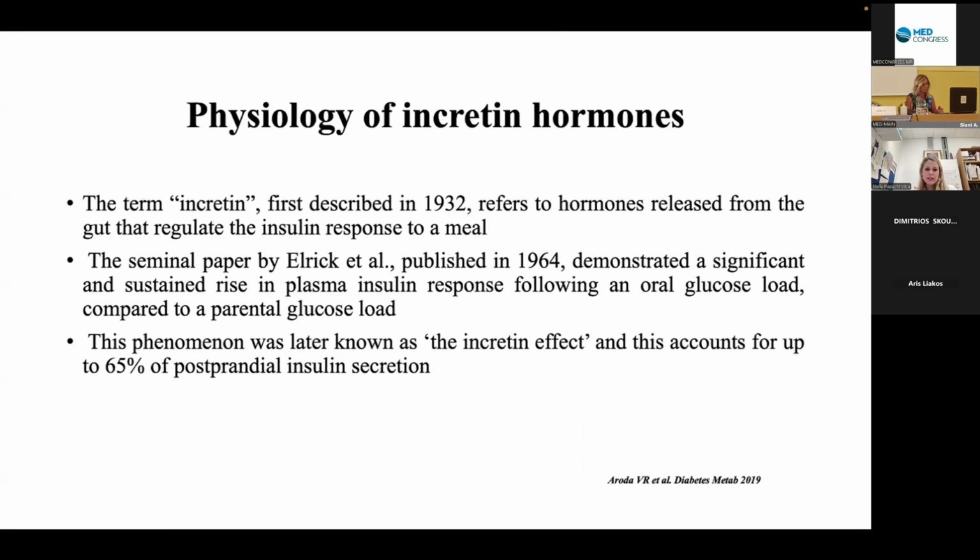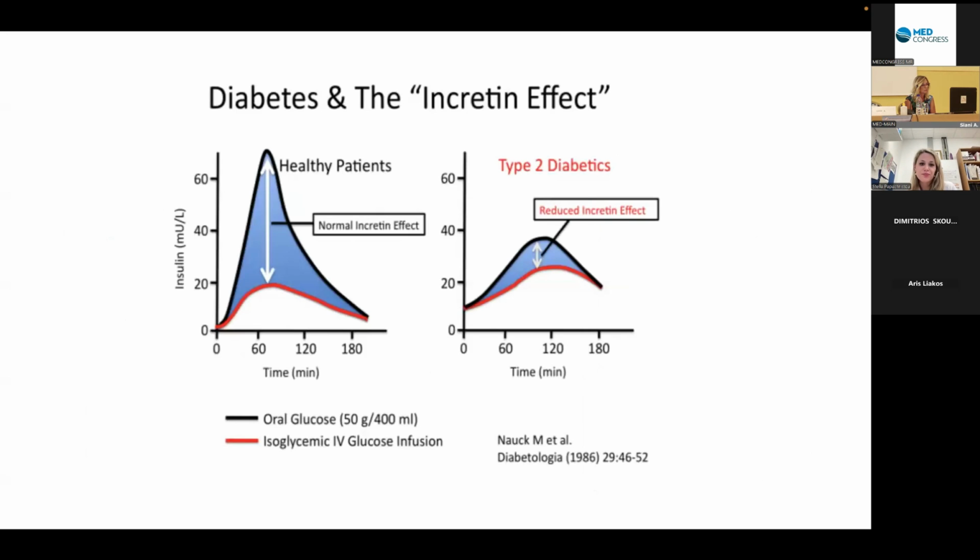The term incretin was first described in 1932, and in 1964, a paper was published which demonstrated a significant and sustained rise in plasma insulin response following an oral glucose load compared to a parenteral glucose load. This phenomenon was later known as the incretin effect, and it accounts for up to approximately 65% of postprandial insulin secretion.